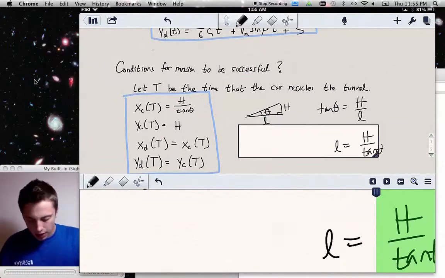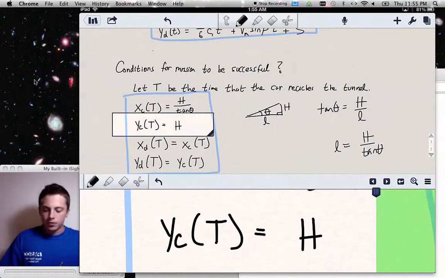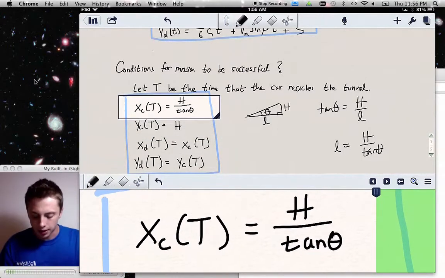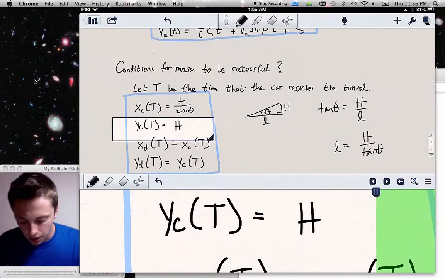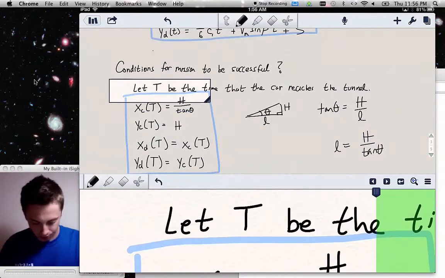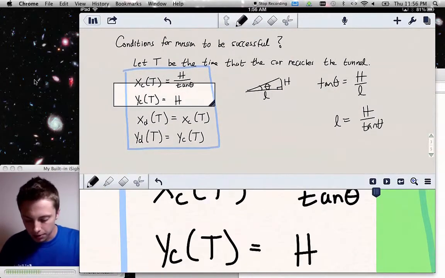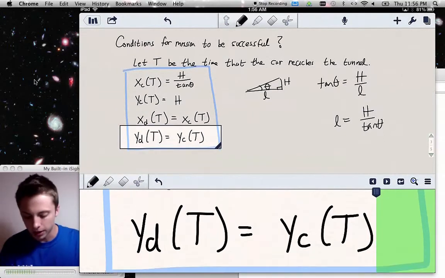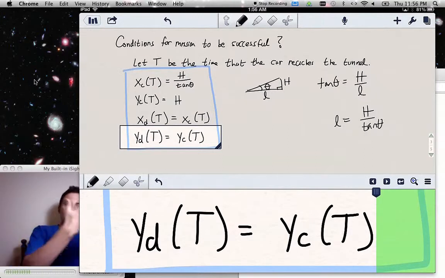Okay? And in addition to the x-coordinate of the car being at the x-coordinate of the tunnel, it also must be at the y-coordinate of the tunnel, which is h, at the time it reaches the top, by definition. Now at the same time, the x-coordinate of the drone must be equal to the x-coordinate of the car, which is the x-coordinate of the tunnel.